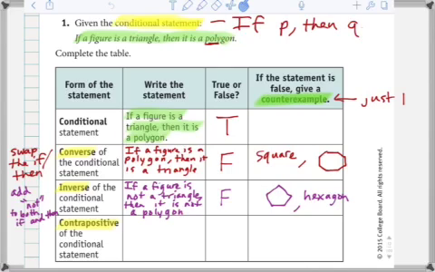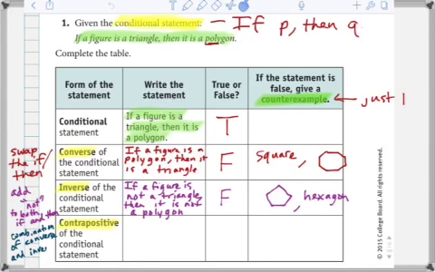The contrapositive is where we're actually going to do both things. It's really just a combination of the inverse and the converse.